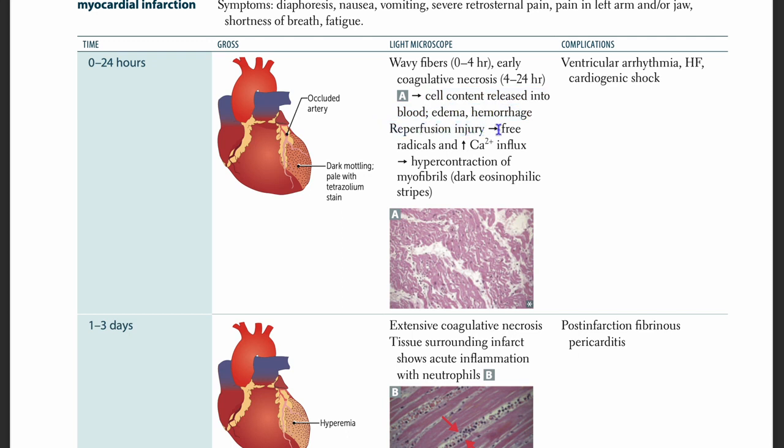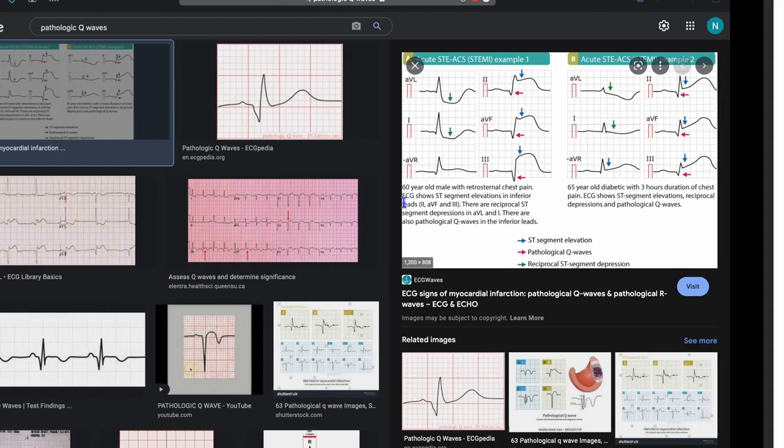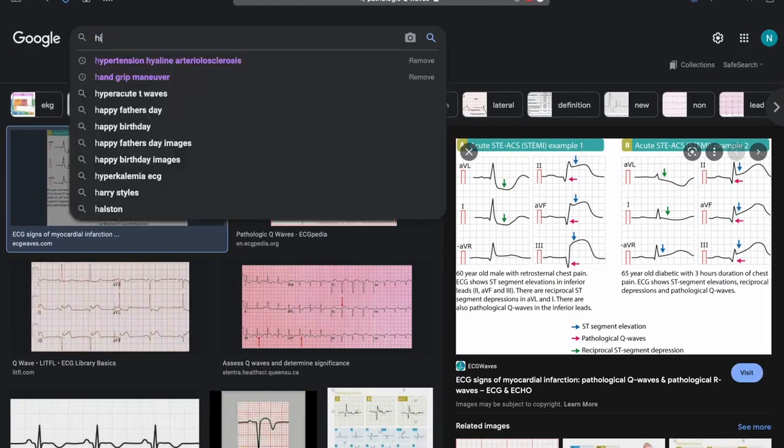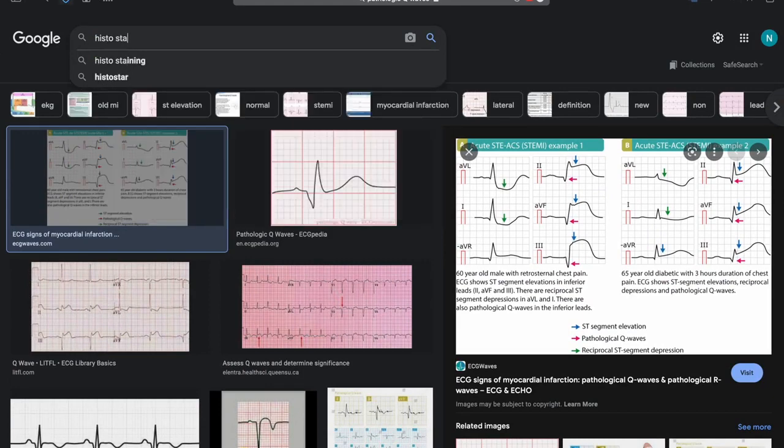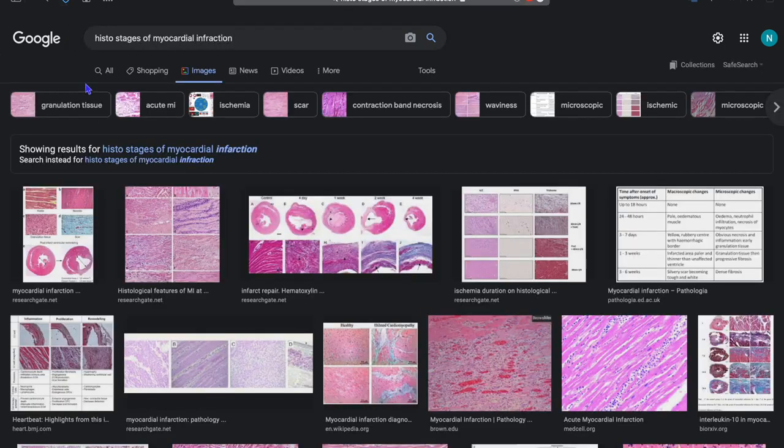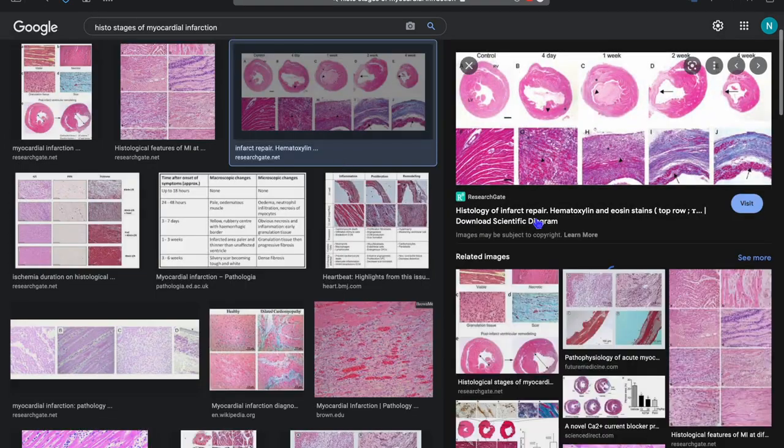Reperfusion injury occurs. This is free radicals and an increase in calcium influx. Hypercontraction of myofibrils, dark eosinophilic strips. Right, so eosinophilia is always the first thing that comes. So let's see if they have a picture. Here you can see the fibers, I guess, right?